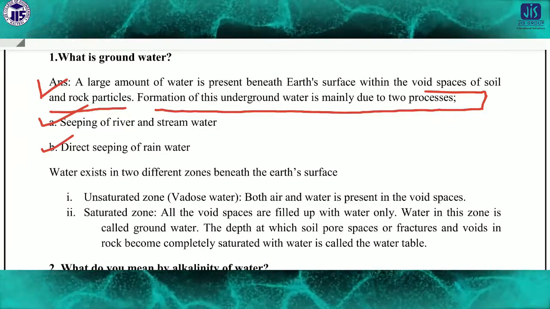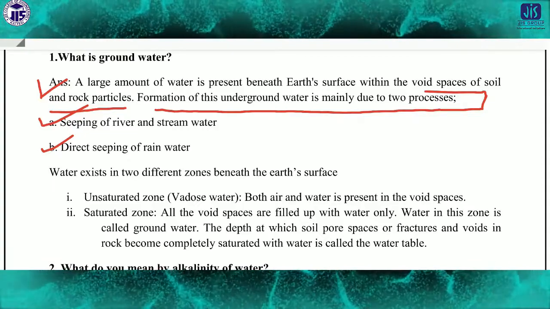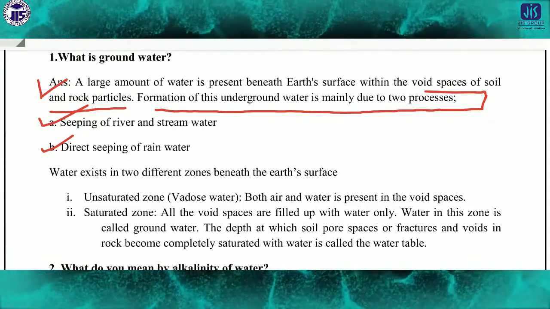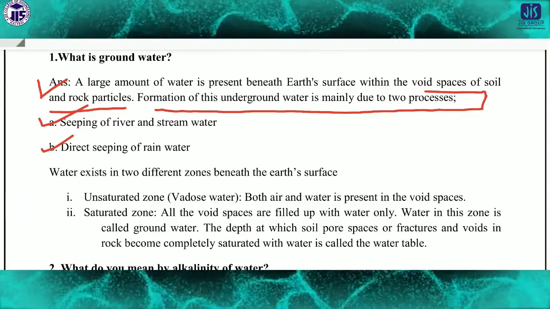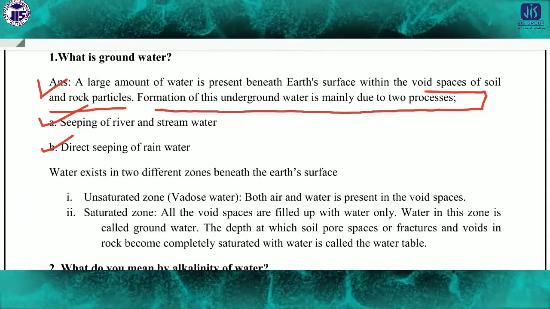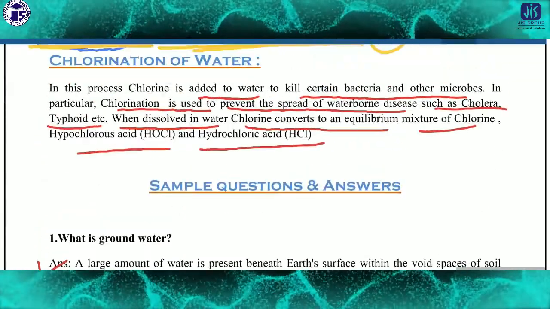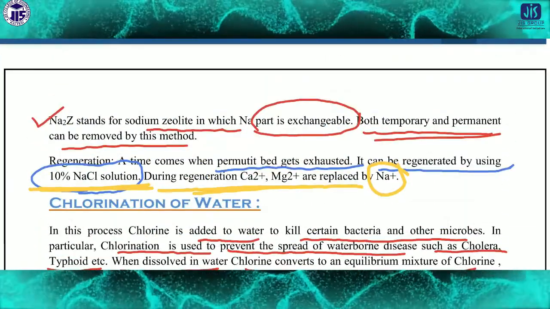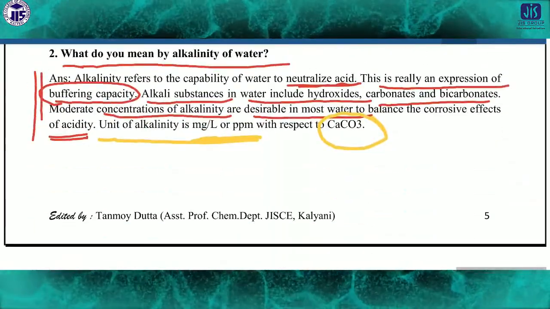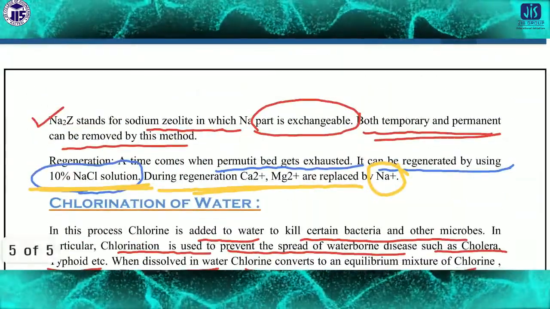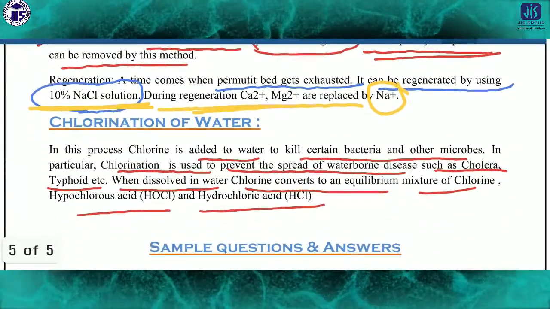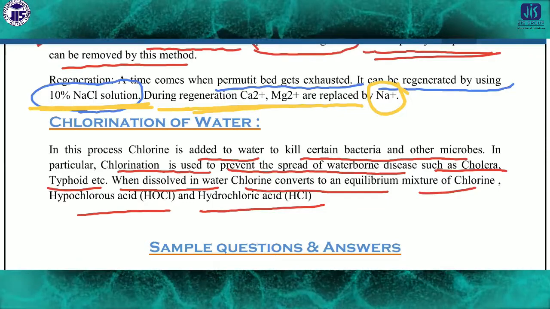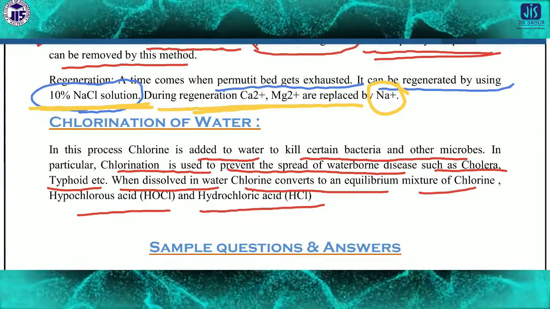In the previous class we already discussed all types of parameters of the water, and in today's topic the most important thing is the hardness of water: how it is possible to know about the hardness of water, and how we can understand which ions are mainly responsible for the hardness of water.